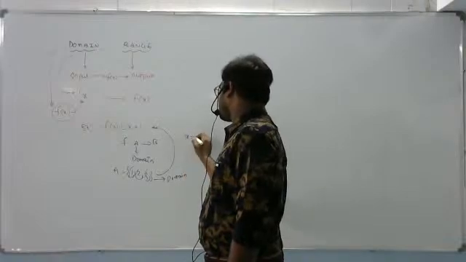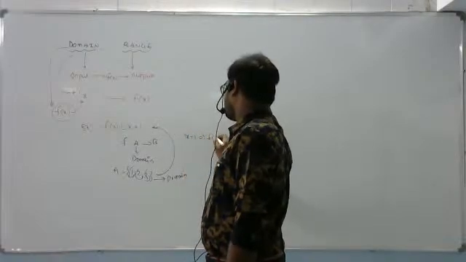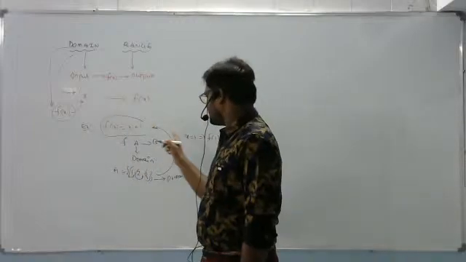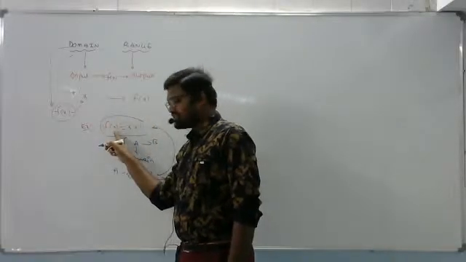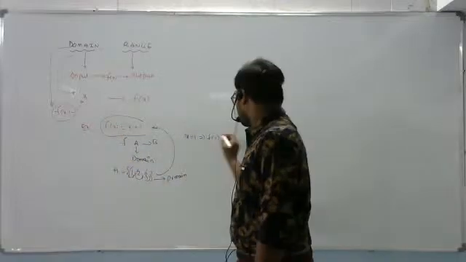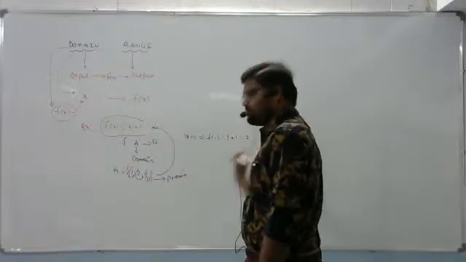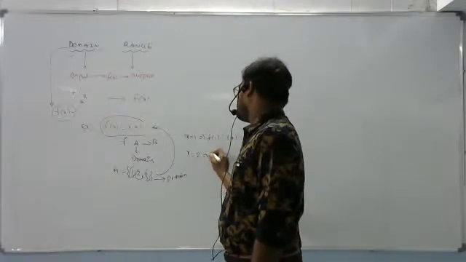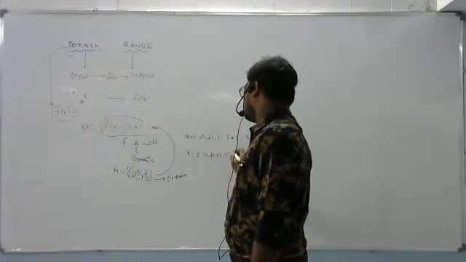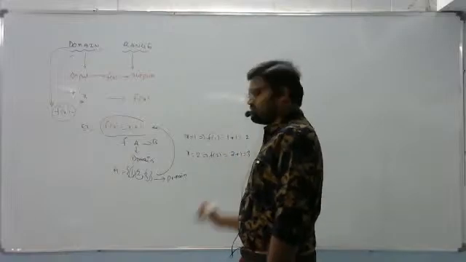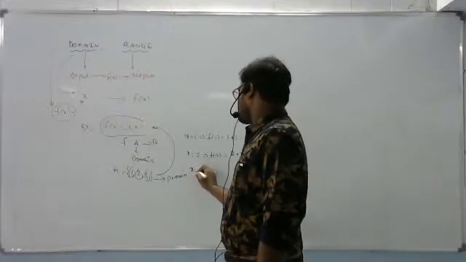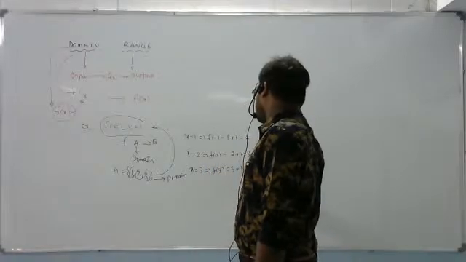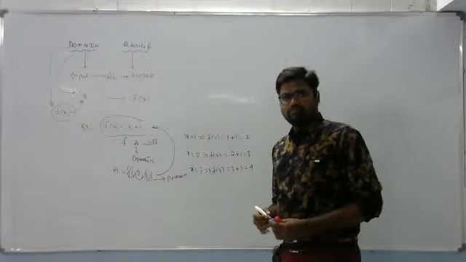Now, if I substitute x equal to 1, what will be f of 1? It is very simple. In f of x, you will just replace x by 1, so this will be 1 plus 1, which equals 2. Similarly, x equal to 2, f of 2 equals 2 plus 1, which equals 3, and x equal to 3, f of 3 equals 3 plus 1, which equals 4.